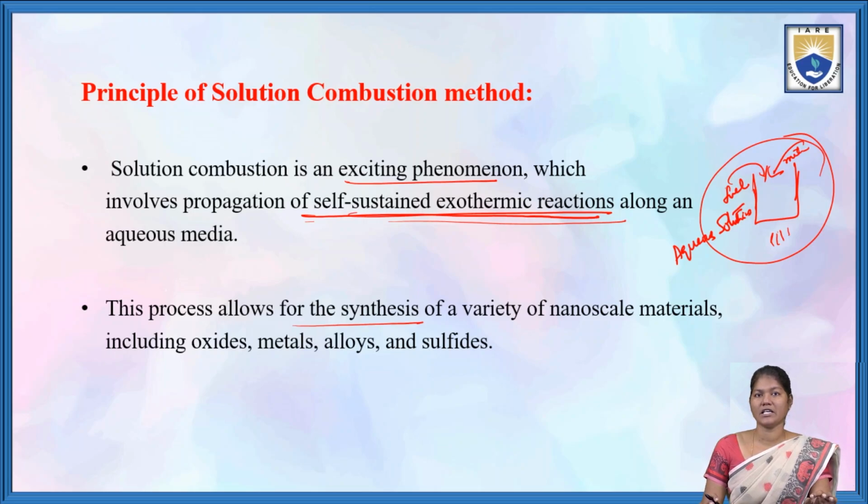By the indication of flames, we can see that a combustion reaction is starting. After cooling the container, we get a fine ash-like powder that gives the mesoporous metal nanoparticles. That is, we get the nanoparticles from the remaining solution. Like that, we can synthesize nanoparticles by this combustion reaction.